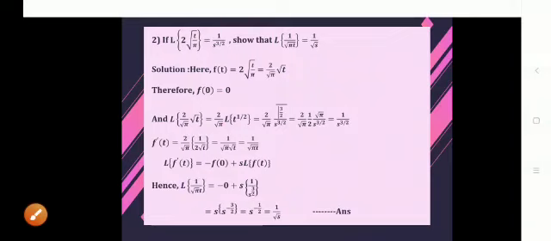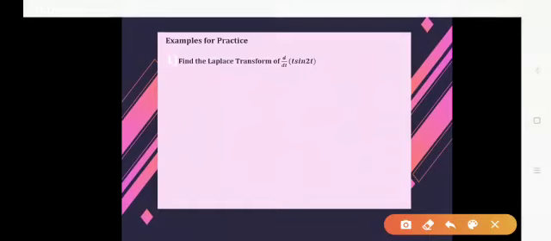Now using the solution method of these two examples, and using the results or formulae from the concept of derivative of a function, you may solve the examples based on this Laplace transform of derivative result. So for this I have given some examples for practice. Find the Laplace transform of d by dt of t sin 2t.